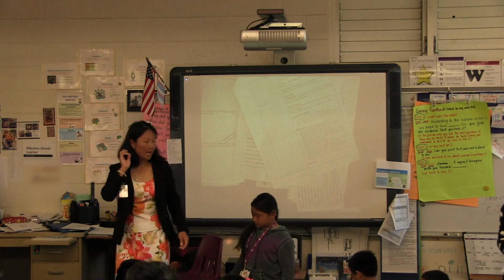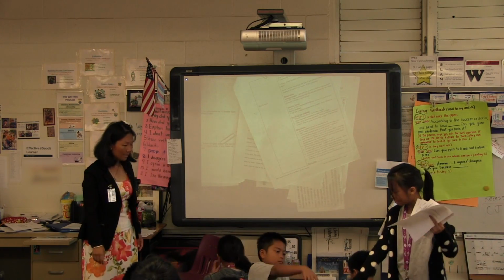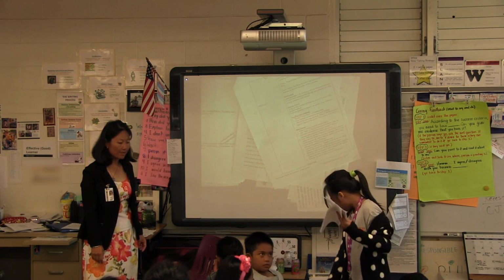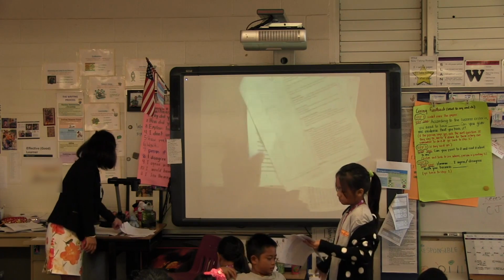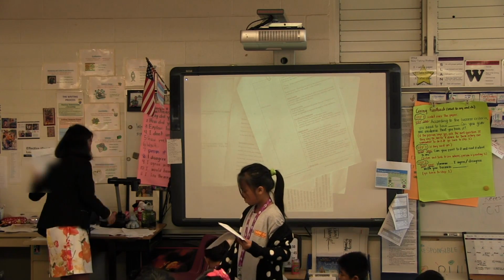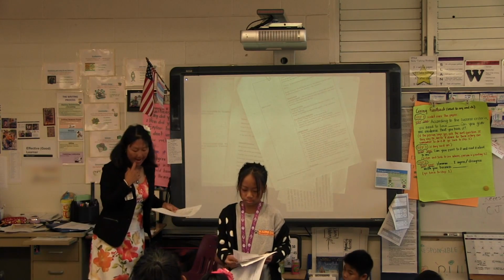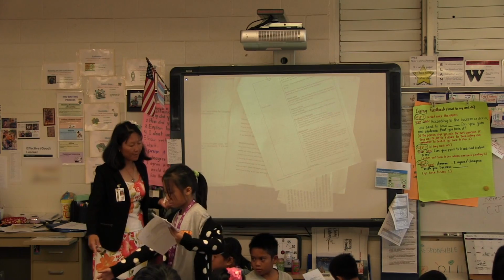Okay, everybody should have a half sheet. Did anybody find Chaz's paper? No. Do you have Chaz's paper? Everybody has a half sheet? Can you meet somewhere on the floor with your partner and give each other feedback?